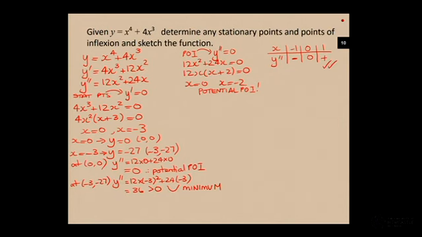I'm also going to do the one called -2. So -2 there. Y double dash being tested. Pick a number above and below. Well, if you're sort of wise, I'm going to pick -1 because it's already been done above. So I'm saving myself a little bit of time. I already know that one is negative. And I'll pick another number down here.